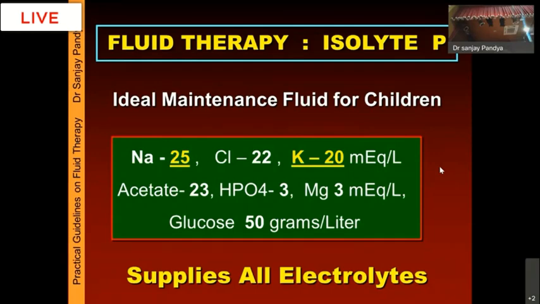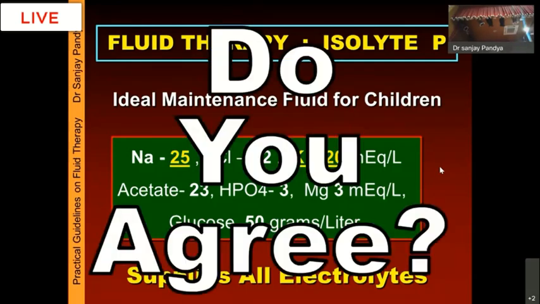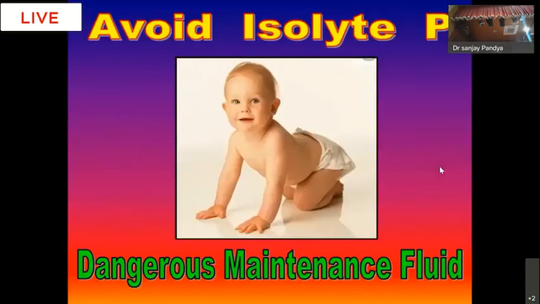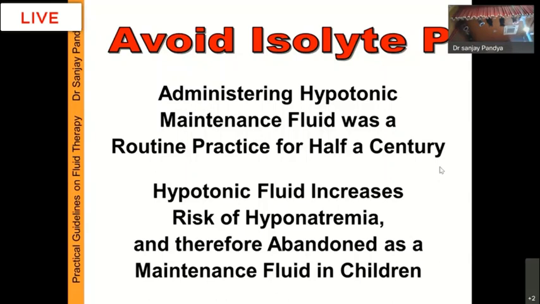And therefore, when we were students, everybody was using Isolyte M as a maintenance fluid in children. But do you agree? Answer is that nowadays it is almost banned. It is banned because it's a dangerous maintenance IV fluid. It's very hypotonic and carries risk.